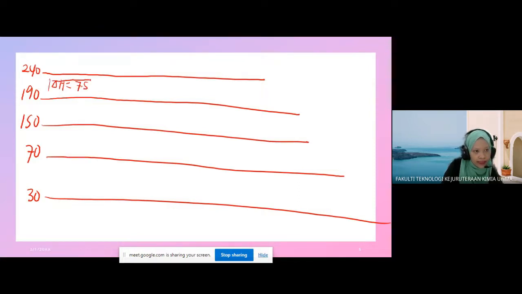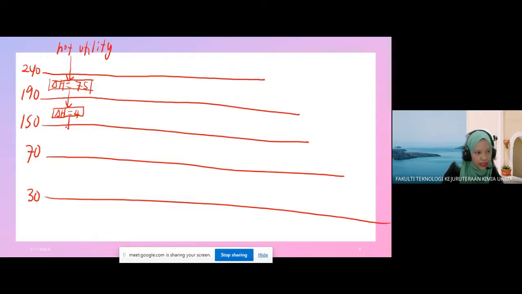You're going to cascade the heat down from hot utilities because you want to find the minimum hot utility and minimum cold utility required. And then going down to this interval, delta H equal to 4.